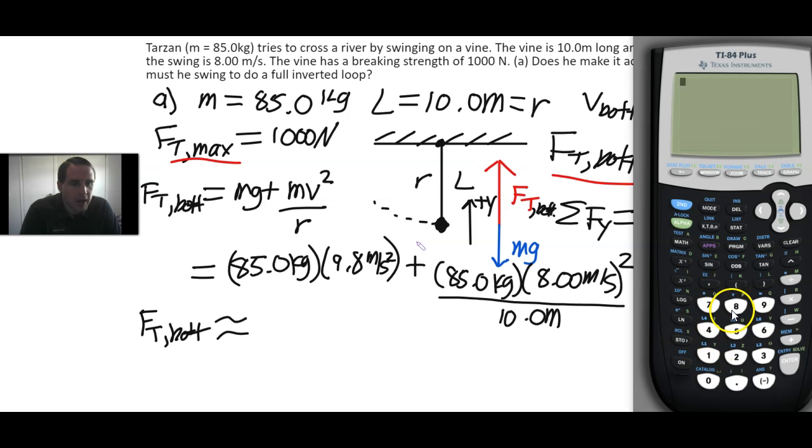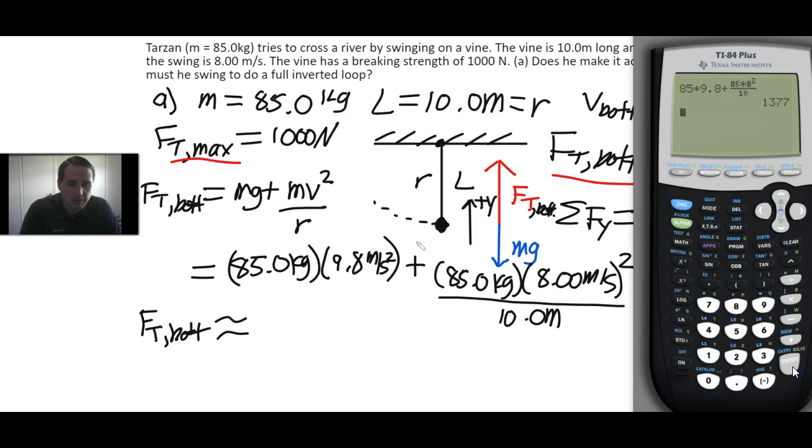So I'll do 85, I don't need the significant digits in the calculator, times 9.8, plus, then I want this n over d fraction stack, and then 85 times 8 squared, divided by 10.